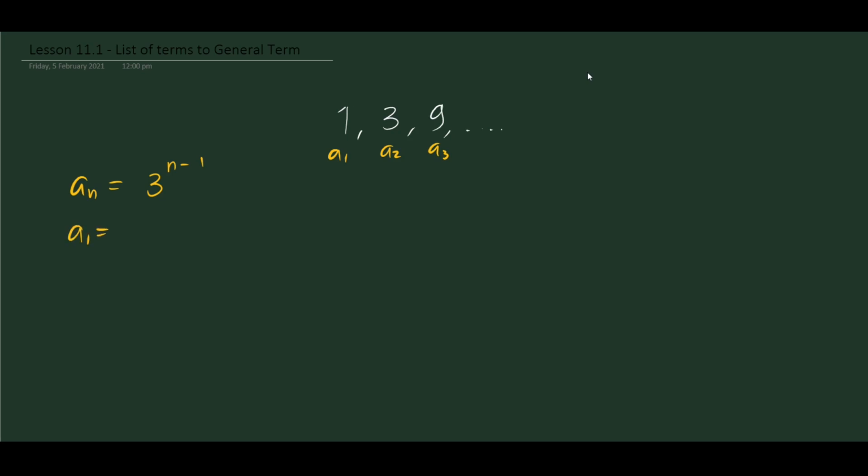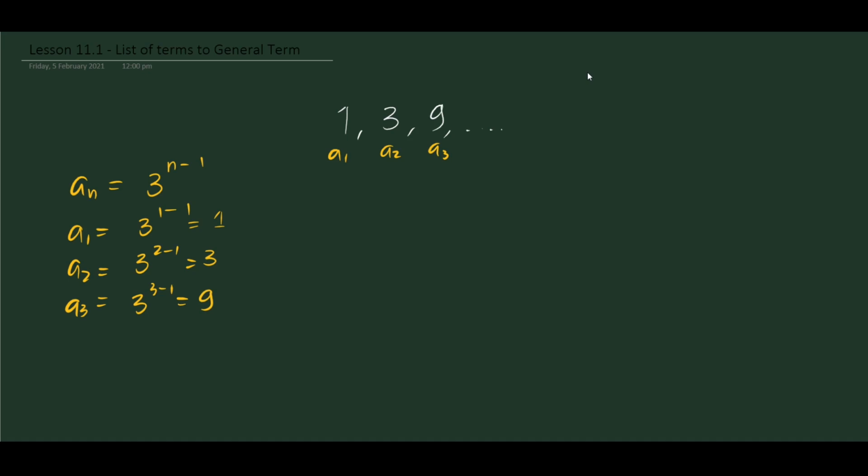Say a1 is equal to 3 raised to 1 minus 1, which is equal to 1, right? Because 3 raised to 0 is equal to 1. Okay, that's correct. A2 is equal to 3 raised to 2 minus 1, and that is 3 raised to 1, which is 3. And then we have a3 is equal to 3 raised to 3 minus 1, 3 squared, that would be 9. So we satisfy these three terms, right?